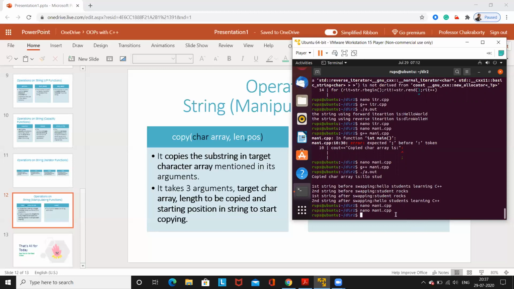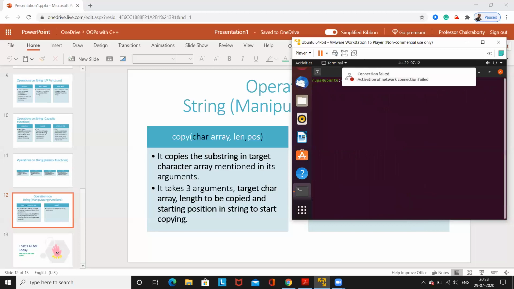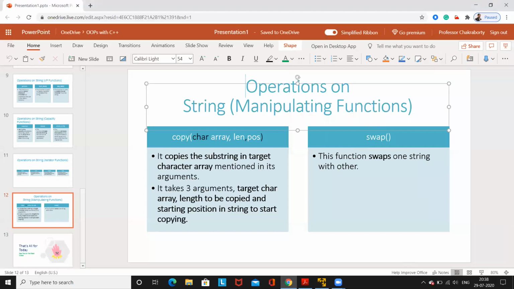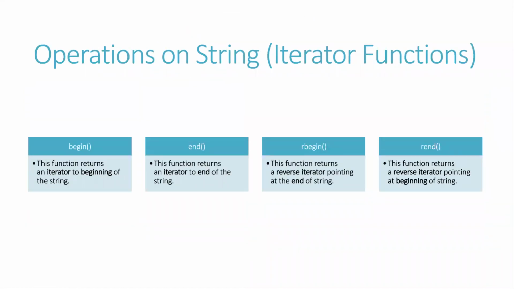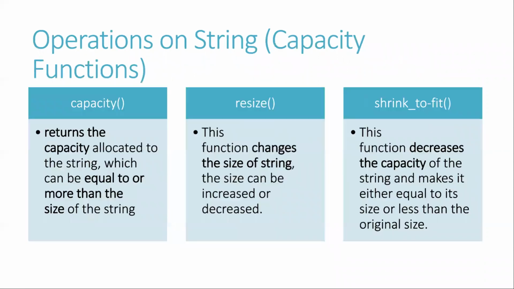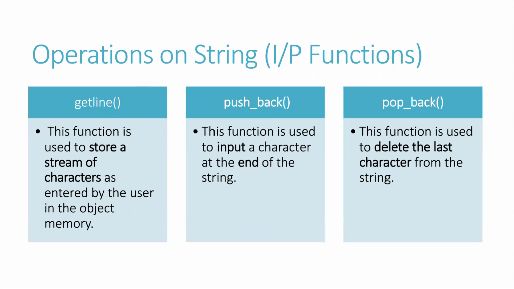So these are the new additional methods of strings in C++ we have discussed, right? Just to brief it: the iterator functions, manipulation functions, capacity functions, input functions.